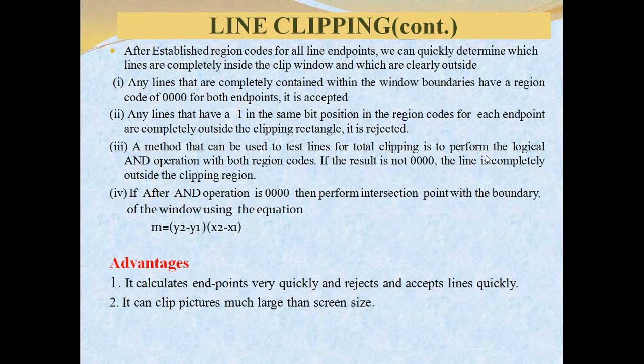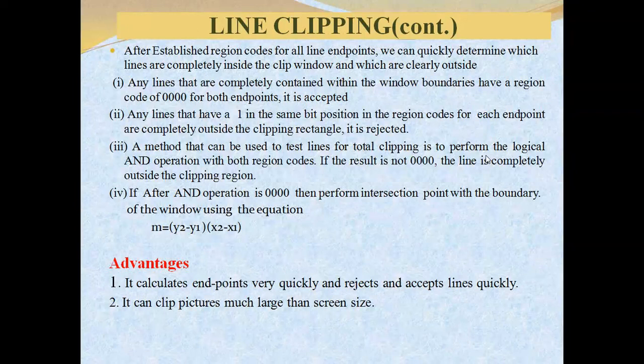After establishing the region code of the line endpoints, we can quickly determine whether the line is completely inside or outside the clip window. If the region codes for both endpoints are 0000, the line is completely inside the clipping window, that is, it is accepted.